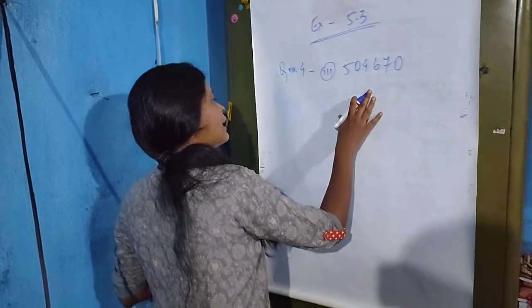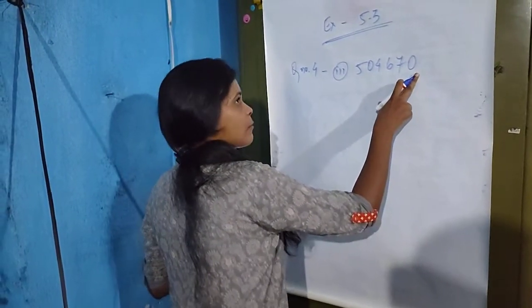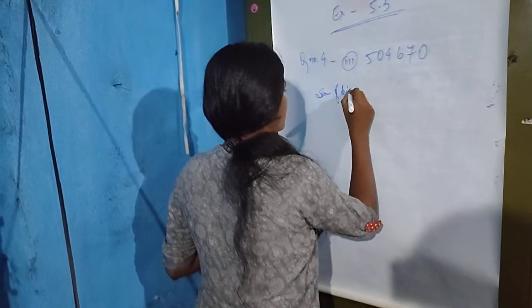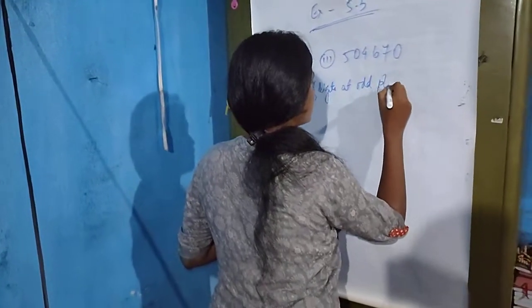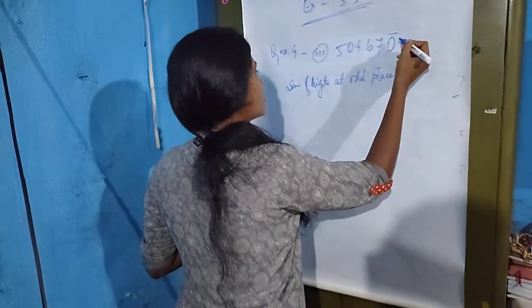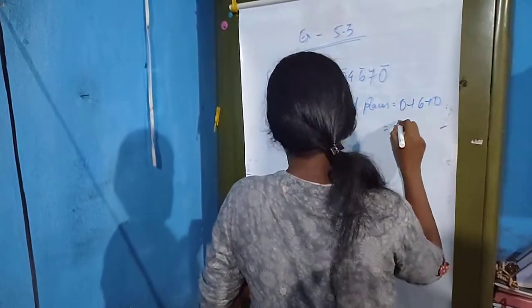So you have to find the difference of the sum of digits at odd places and the sum of digits at even places. Sum of digits at odd places: odd places means you start from the units digit. So 0 plus 6 plus 0, that is 6.